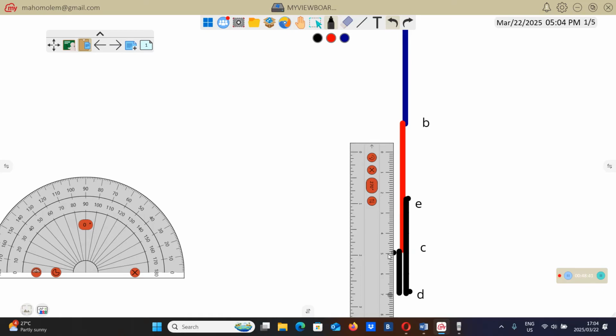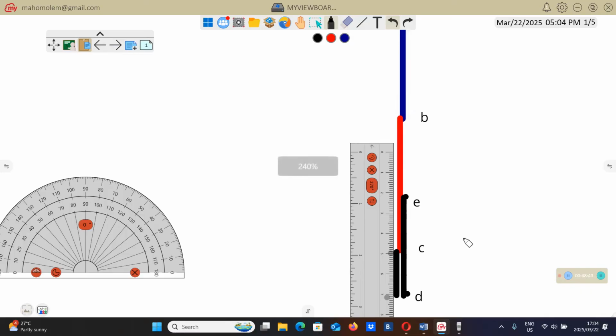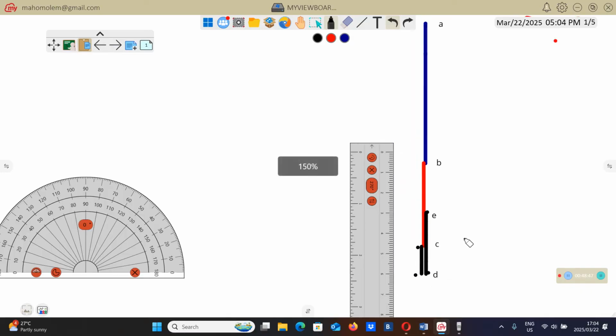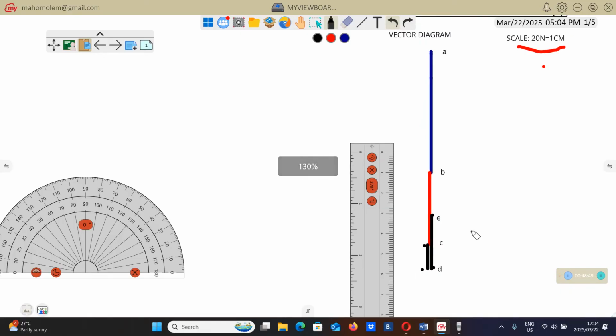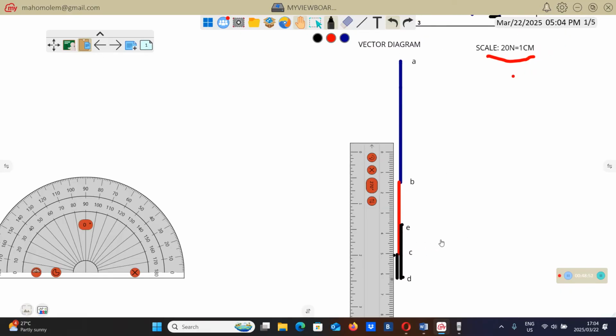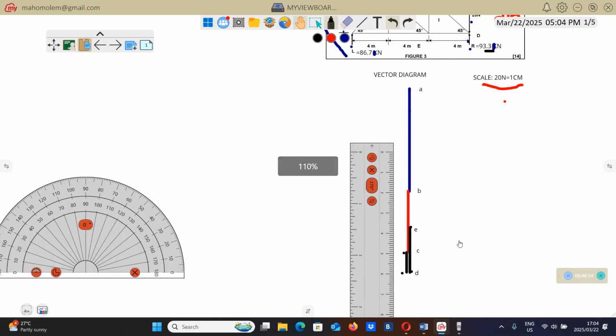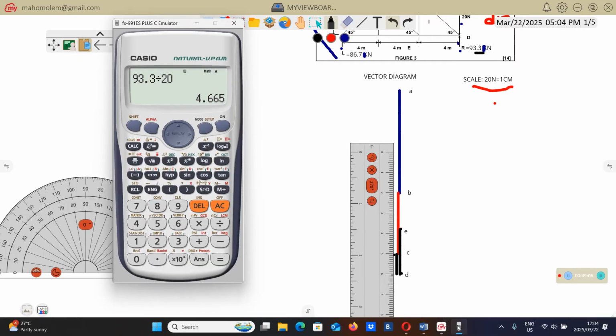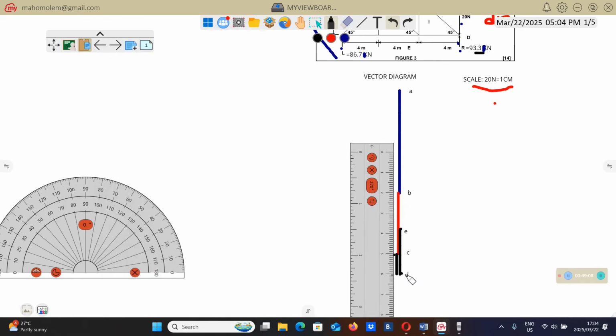So let me make sure that I take this back. Let me zoom it in such a way that it will be equal to 1 centimeter here, like this. We said that the upward direction of 93 will be equal to 4.6, if I'm not mistaken. Yes. Then we'll measure upward from here 4.6.